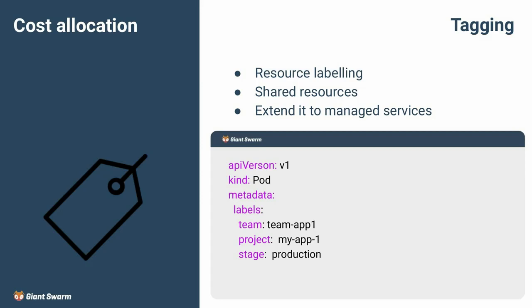So you can relate cost directly from the infrastructure in a namespace to a team and know how much money one team is spending. There are shared resources, which are more difficult to account for and split over teams, but there are different solutions to tackle that.